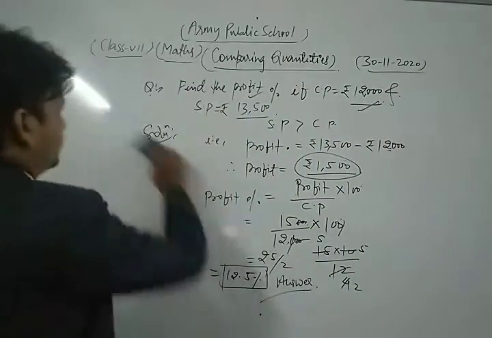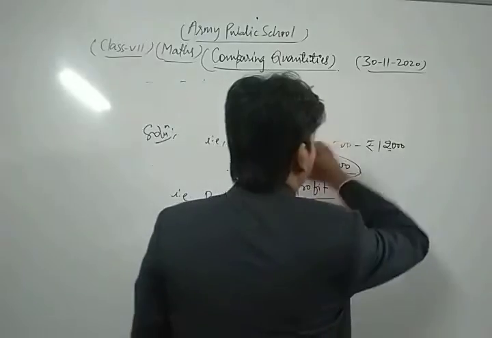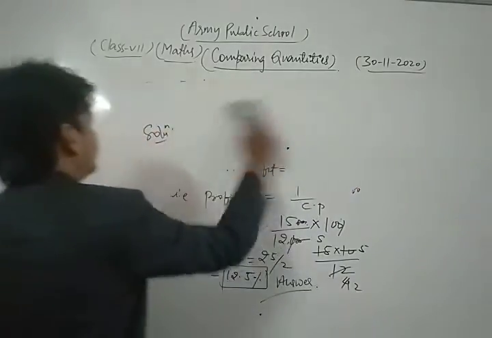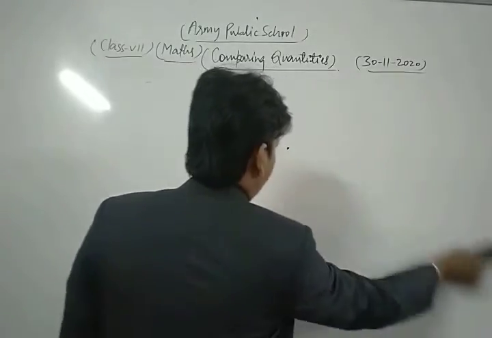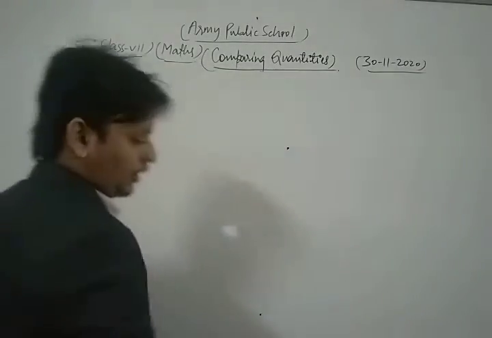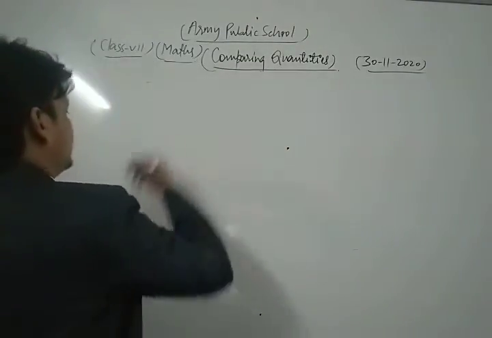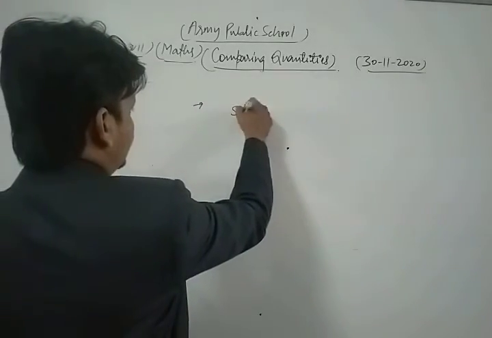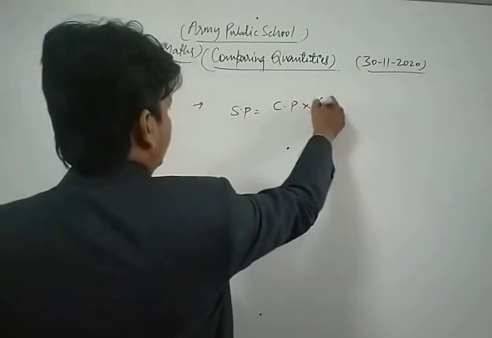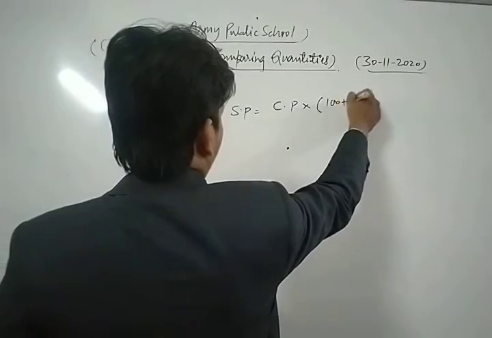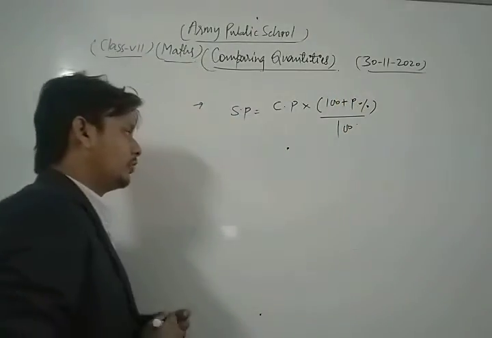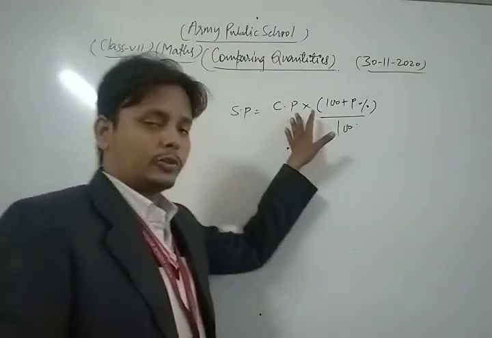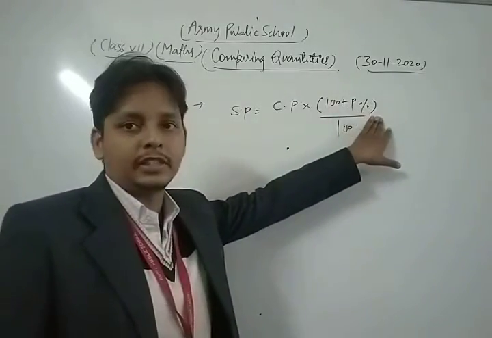Now there are two important formulas. First one is selling price is equal to cost price into 100 plus profit percent by 100. This formula applies whenever cost price is given and profit percent is also given.